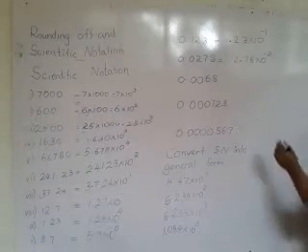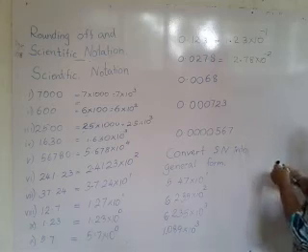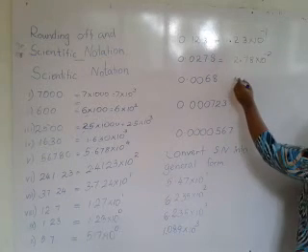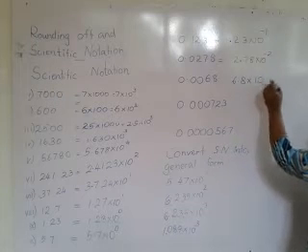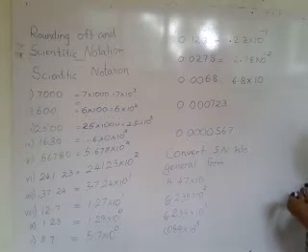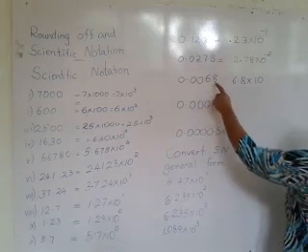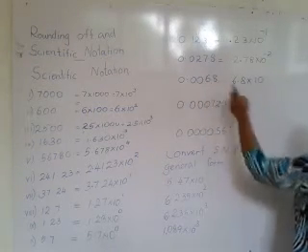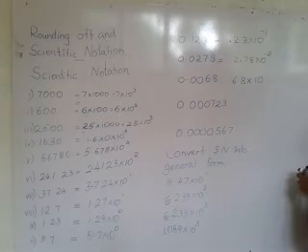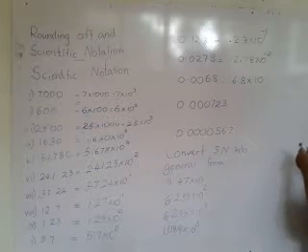So in the easiest way I am going to tell you the answer. 6.8 into 10 power of. How many times does the decimal move? Between 6 and 8. How many times? 1, 2, 3. So 10 power of minus 3.